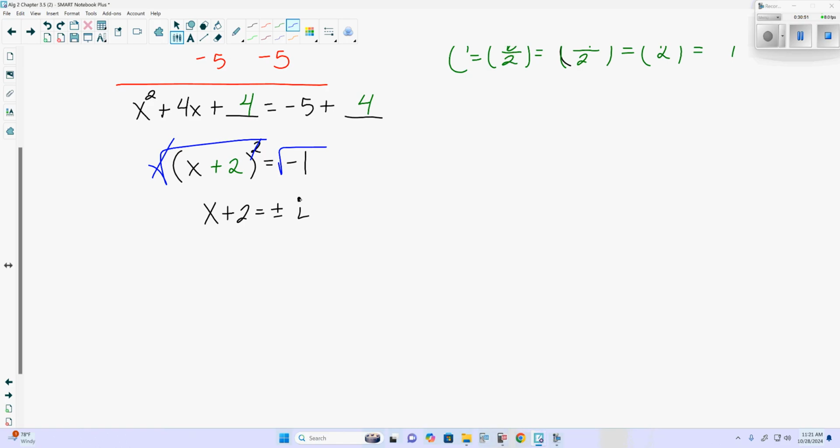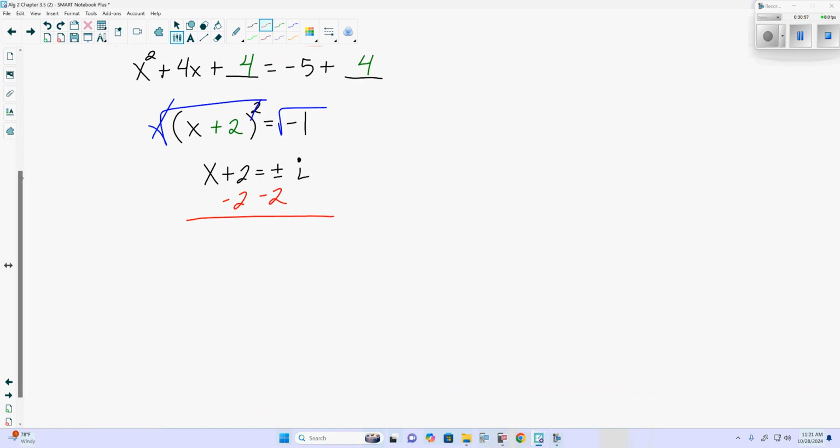Now the last thing we need to do is solve for x. At this point, if that number or term that came out of the square root has a square root left, or a square root and i, we're not going to be able to combine like terms. So this is our answer.